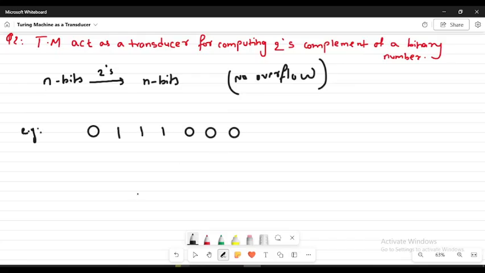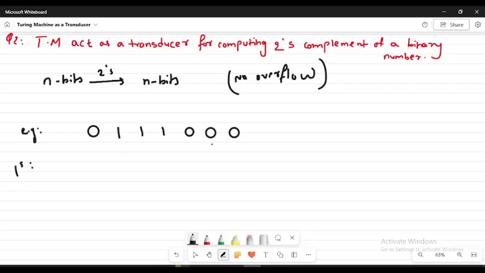To build the logic, let's take one example. I hope you know what 2's complement is, but again I will do it. This is an input string 0 1 1 1 0 0. Now you have to convert it into 2's complement. The traditional method says first you convert into 1's complement.